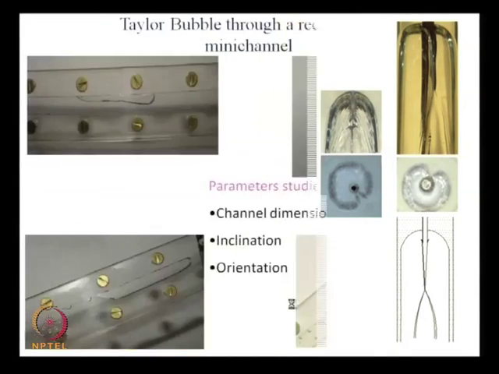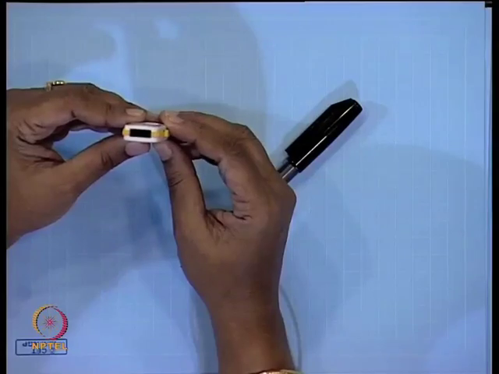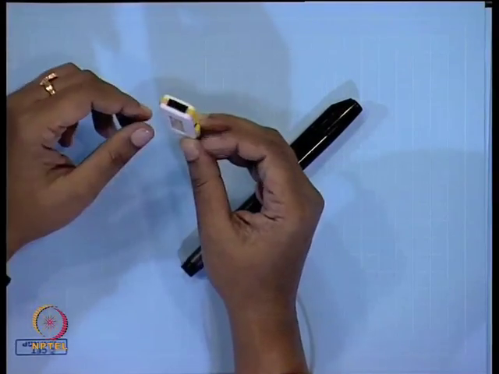Well, after this what we wanted to do is, we have studied in circular tubes, we have studied in square channels, we have studied in concentric annulus. Now, let us study rectangular channels. See, rectangular channels we can keep in this particular way, okay, and the bubble can rise through this.